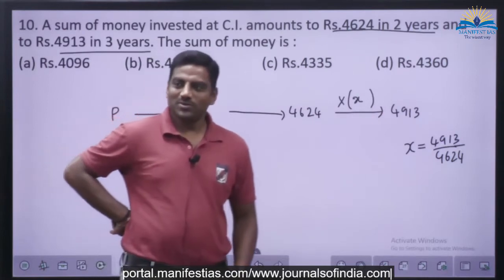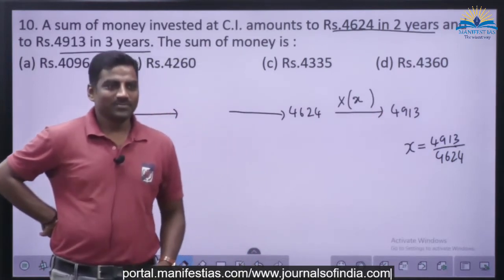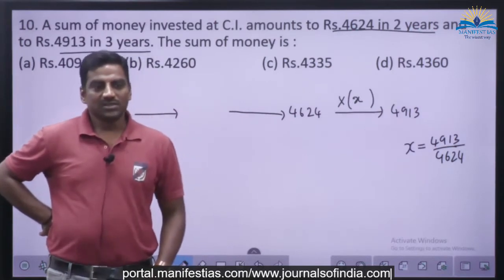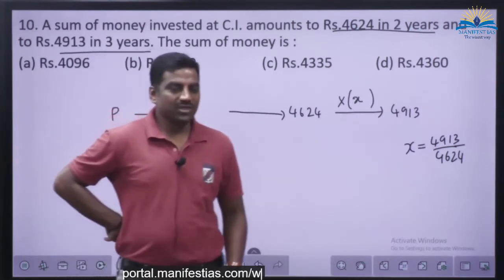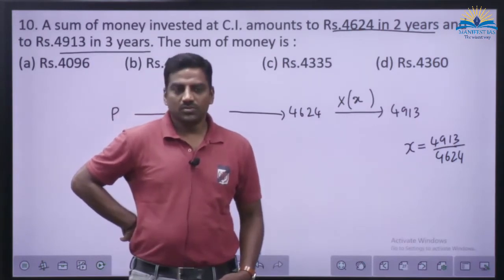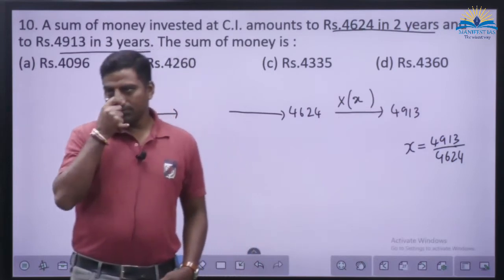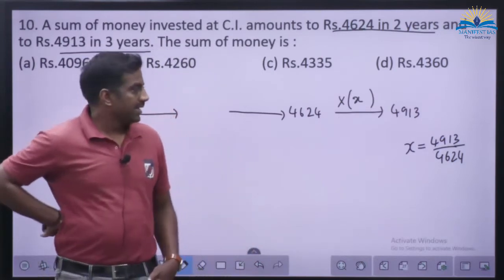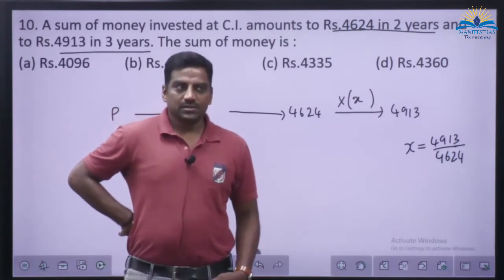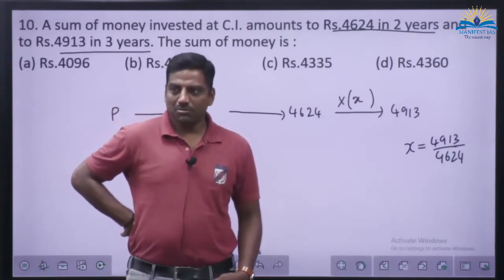For that you have to know the tables of 17. 17 twos are 34, 151. 17 nines are 153. No. 19. 19 twos are 38. Can we? No. Then 23.